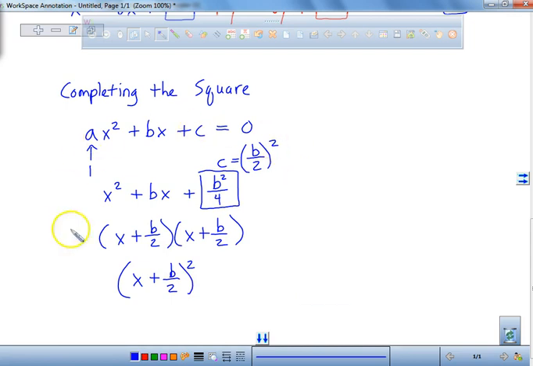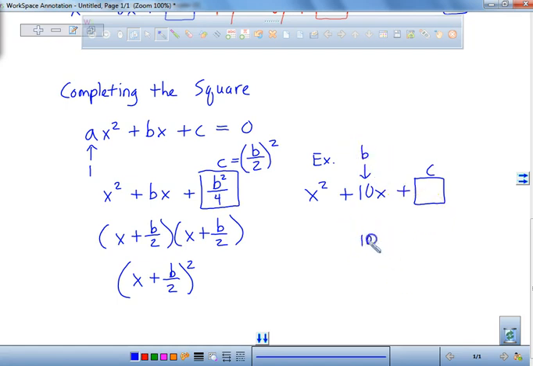Now, this may not make a whole lot of sense just yet because we have not used any numbers. Let's put some numbers here. By the way, this is just an example. I'm going to put x squared plus 10x plus a box right here. We're going to find the c value. What's our b value in this example problem? A 10.